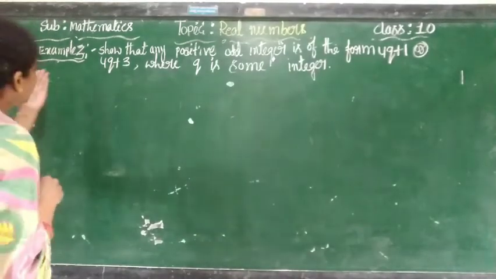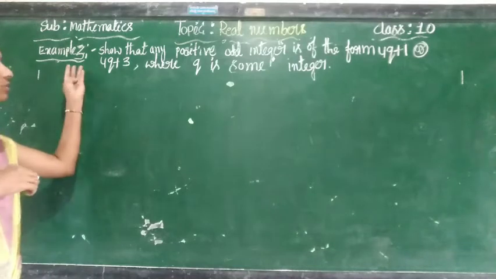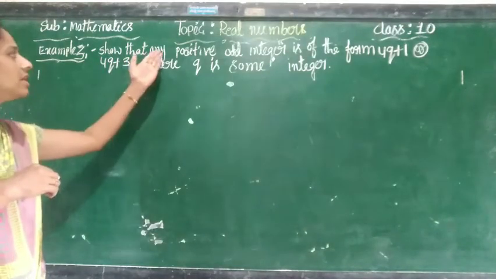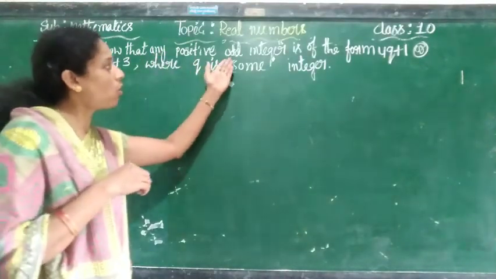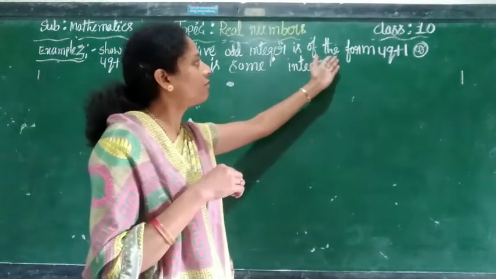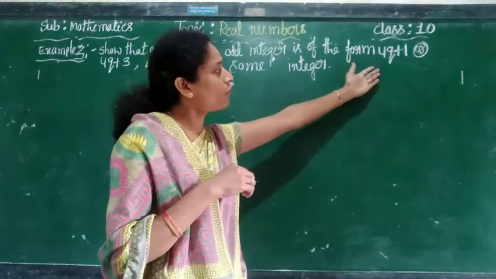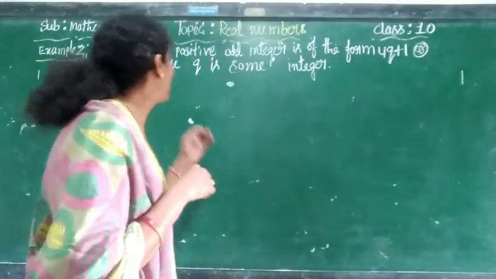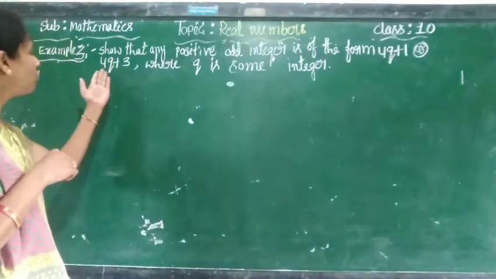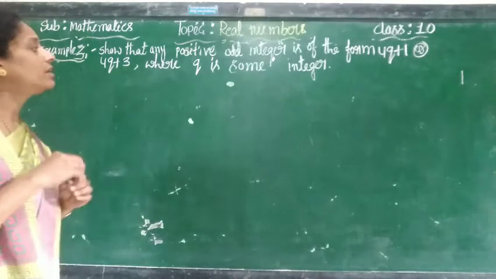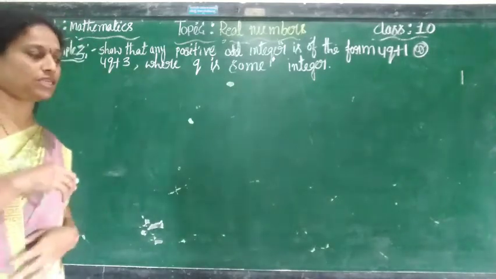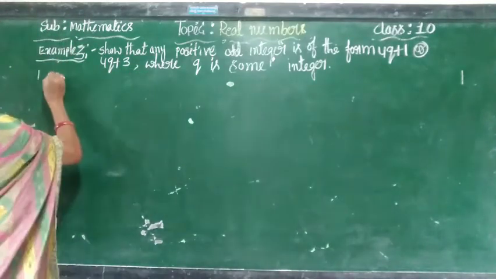Example 3. Show that any positive odd integer is of the form 4q plus 1 or 4q plus 3, where q is some integer. So, solution.